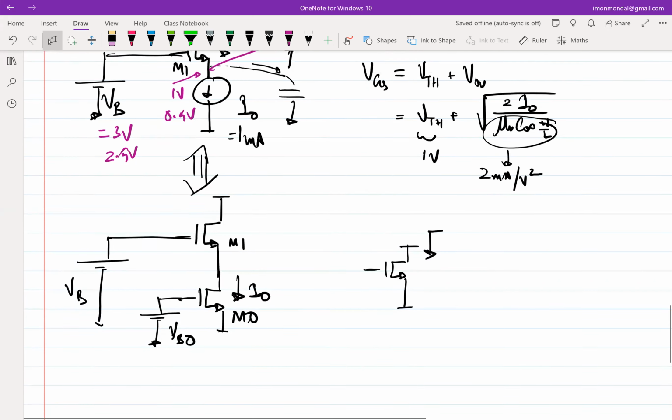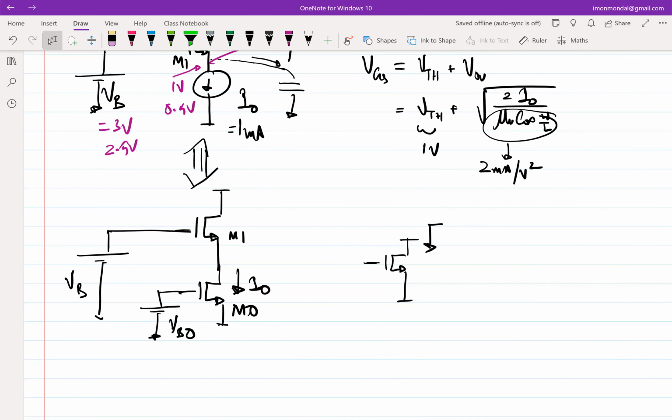Okay. So if that is the case, then the first thing I have to see is how do I ensure that M0 is in saturation? So let's say M1 and M0 are identical. All the parameters of M1 and M0 are identical. So now tell me, if I want I0 of 1 milliamp, what should be VB0?